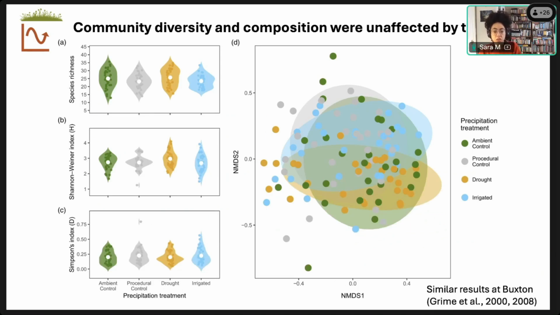This might indicate possible lag effects. Many of these species are quite long-lived perennials, so it could be a warning signal in the future when there is that mortality and then turnover of species. But at the moment it seems stable.